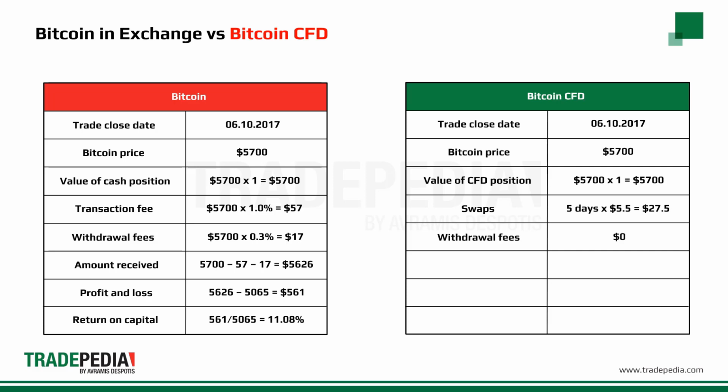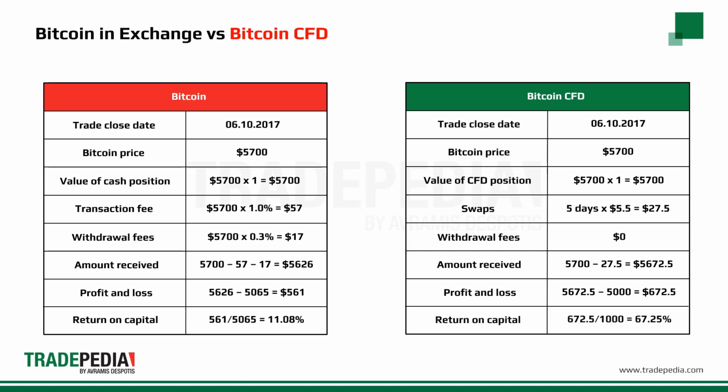With swaps of $5.5 per day per unit, the cost is $27.5. The total amount received becomes 5,700 minus 27.5, which equals $5,672. This gives a profit of $672, which gives a return on capital of 67.20%, because leverage gave us the advantage of using only $1,000 as capital instead of $5,065.